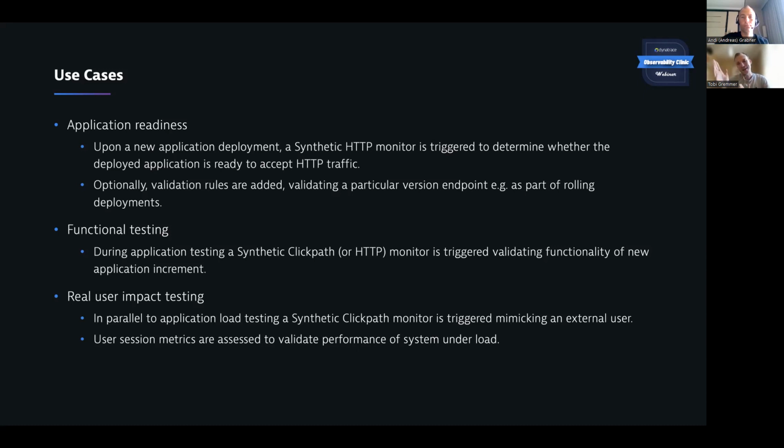A little bit later, once we have made sure that the application I want to test is up and running, I want to do some basic functional testing. And functional testing is pretty straightforward. Synthetic click path, clicking a button, validating whether a button is even there, whether a banner is there, whether a menu item is there, whether a menu item is clickable, and so on and so on.